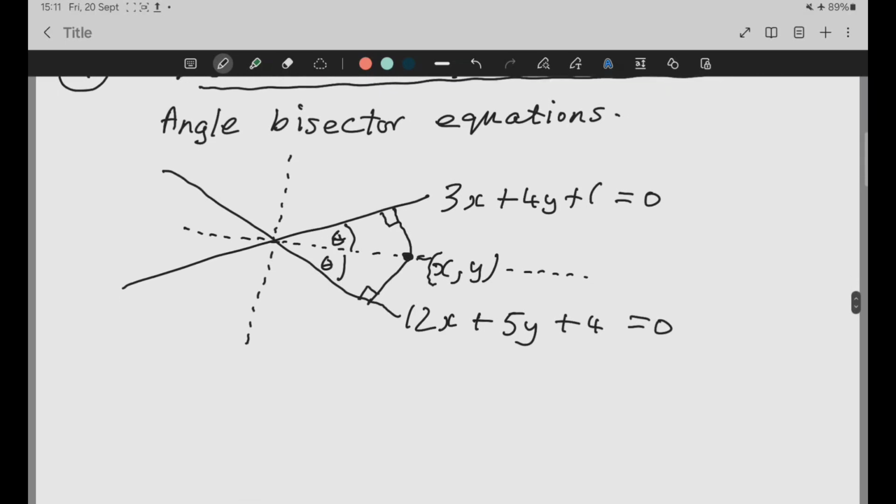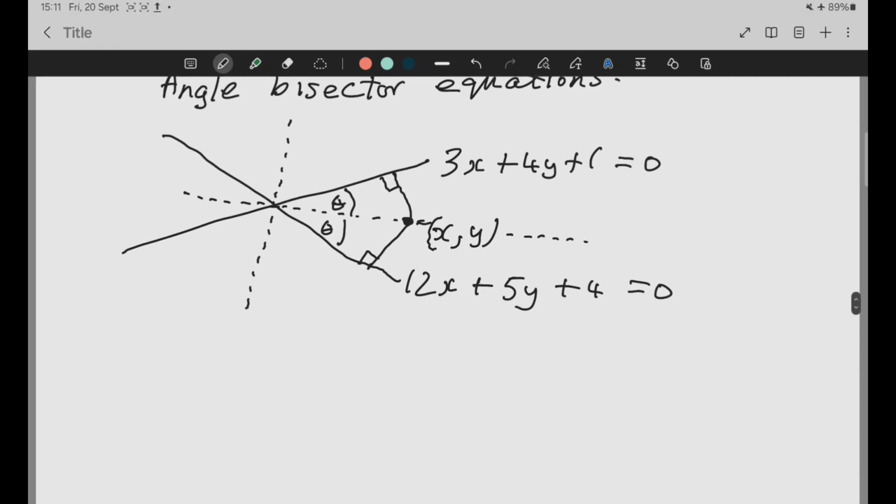And so referring back to that, the one distance, taking it from the line 3x plus 4y plus 1, will be given by 3x plus 4y plus 1 divided by the square root of 3 squared plus 4 squared, which I think you can easily see is 5.